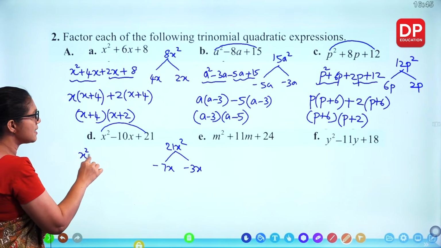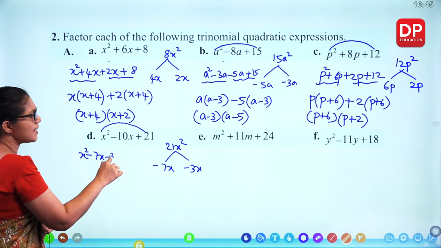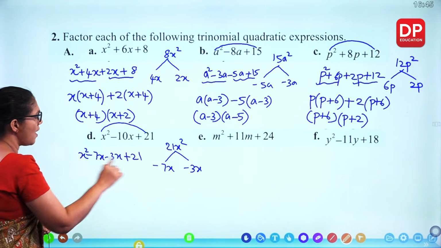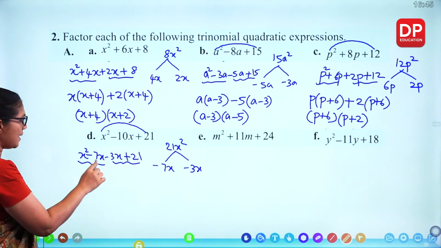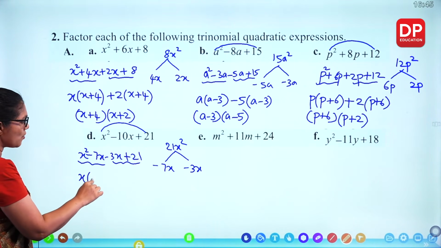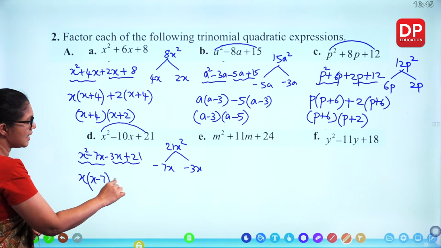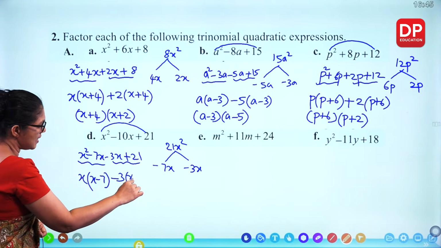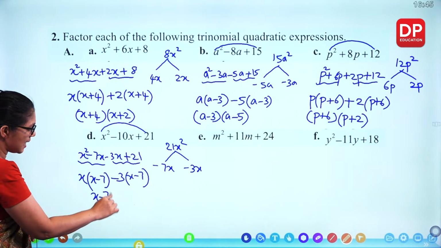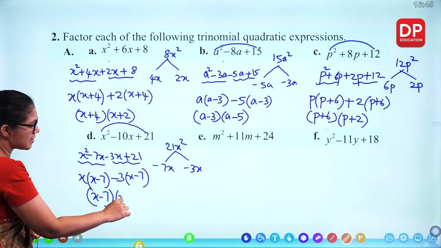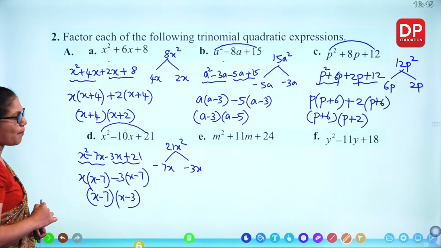So split the middle term into minus 7x minus 3x plus 21. Take the first two separately, last two separately, and we can take x out, x minus 7 remaining, minus 3 out, x minus 7 remaining. Here again x minus 7 is common, take it out, and x minus 3 is common.